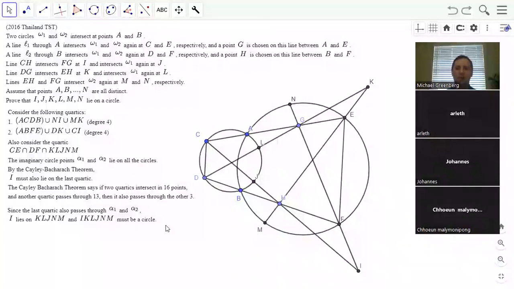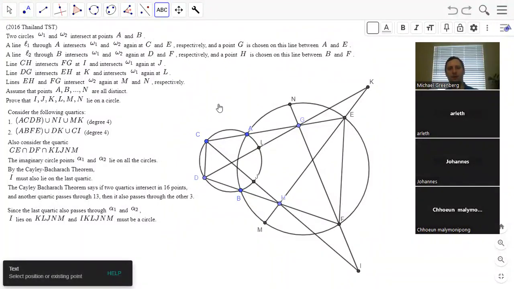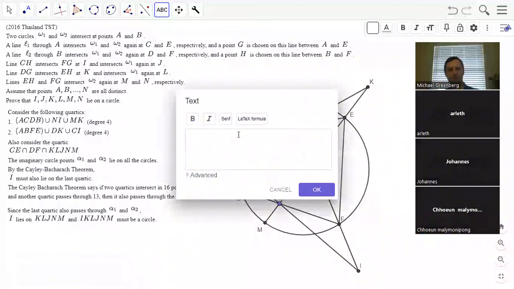Like if you write down the equation for a line, it's a homogeneous polynomial of degree 1, and the zeros of that would be the points on the line. So this might be a quartic, for example.